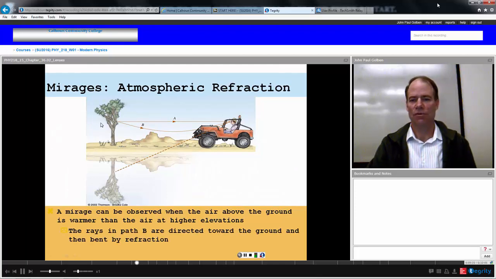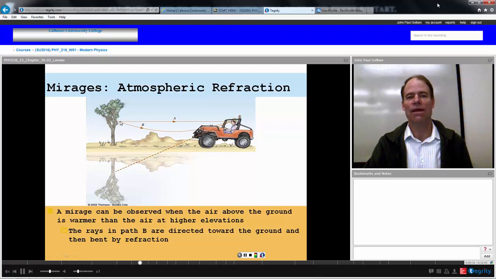And if we're looking at this situation where you're looking at a tree, say you're in this Jeep, you would see a direct image coming directly from the tree, this ray A hitting your eyes, and then the ray that was directed not towards you, but maybe towards the ground, might actually bend due to the heated air near the ground as opposed to cooler up above, and hence that refraction might bend that light ray and that might actually make it to your eyes as well.